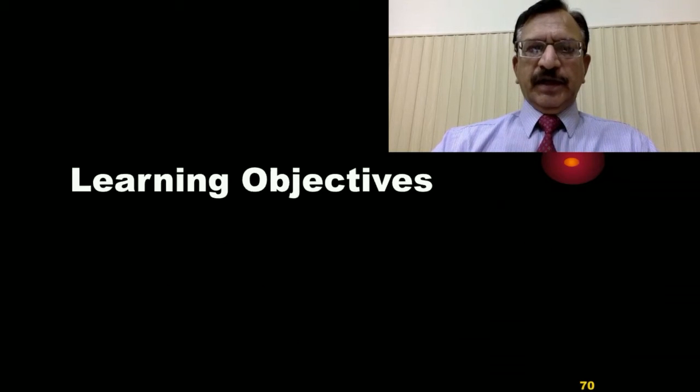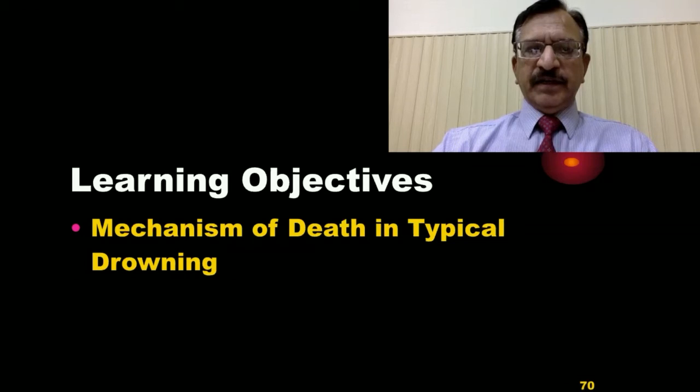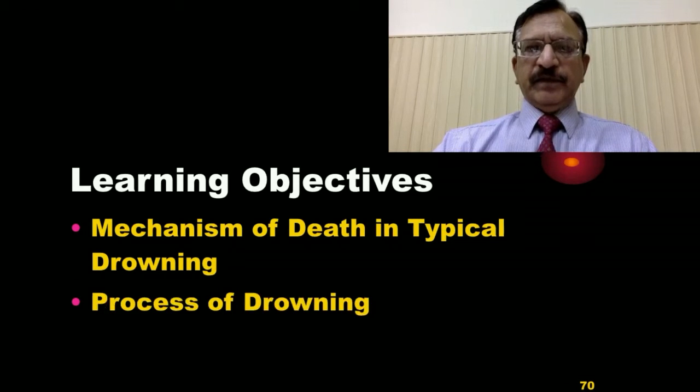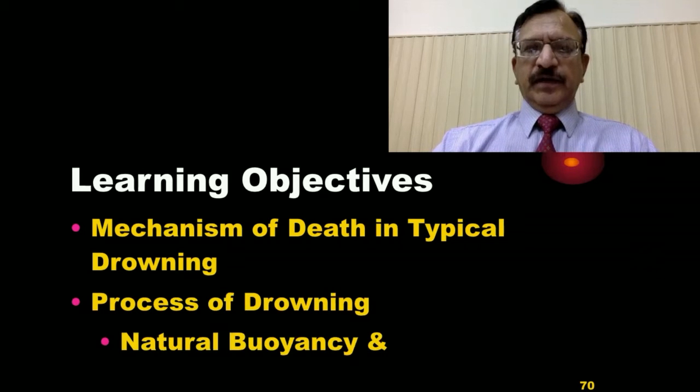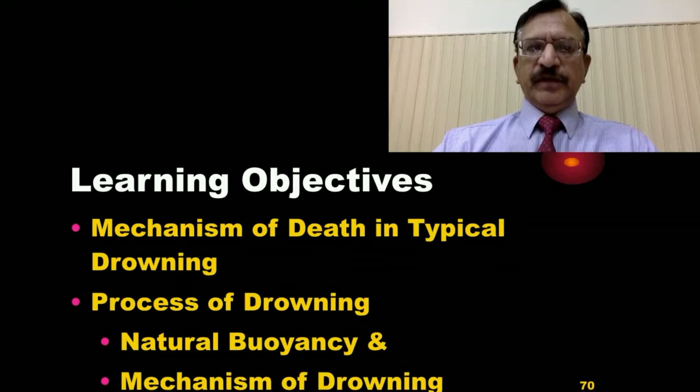Then I will discuss the mechanism of death in typical drowning, the process of drowning, and the role of natural buoyancy if someone is drowning, and how drowning occurs even if the body has natural buoyancy to float.